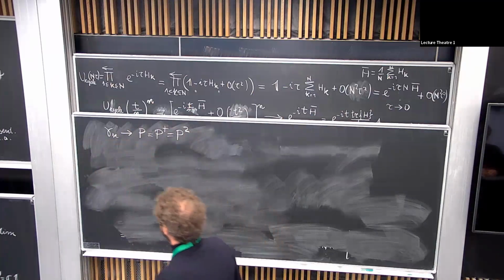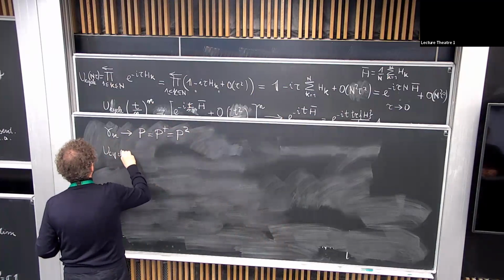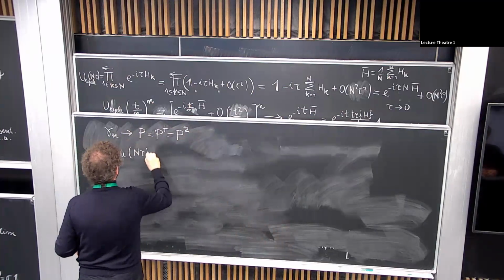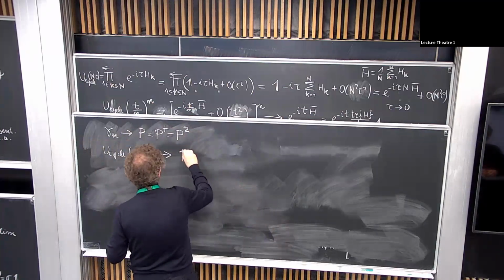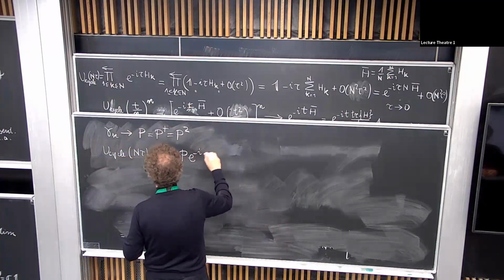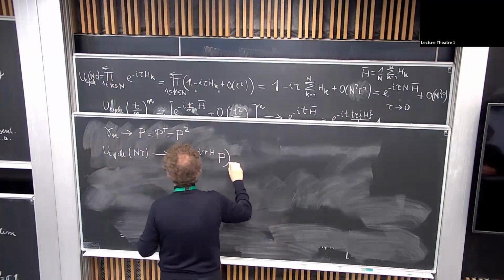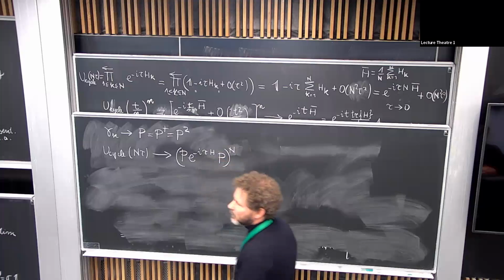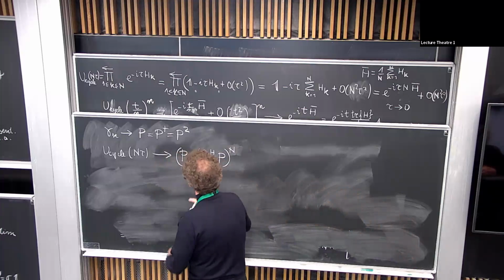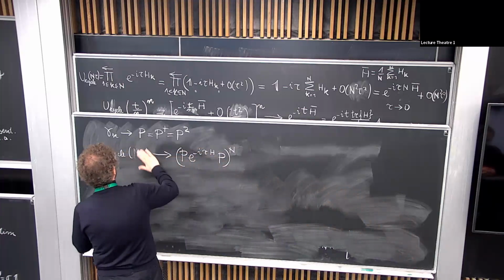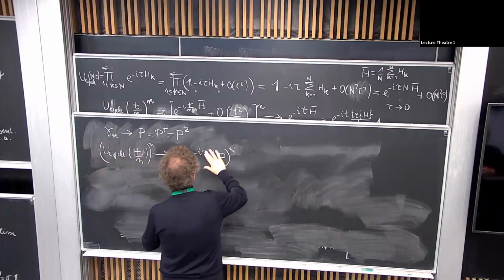In such a case, the product formula, U cycle of n tau, becomes (P e^{-i tau H} P) repeated n times.